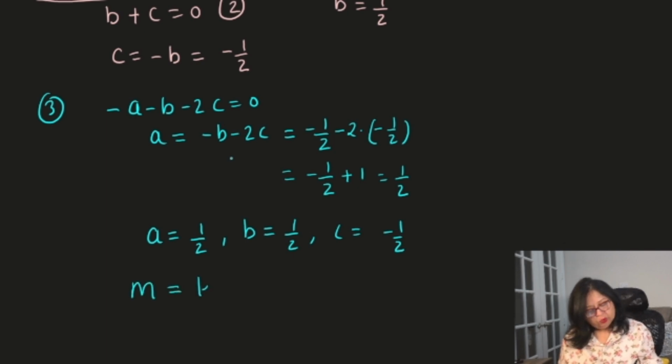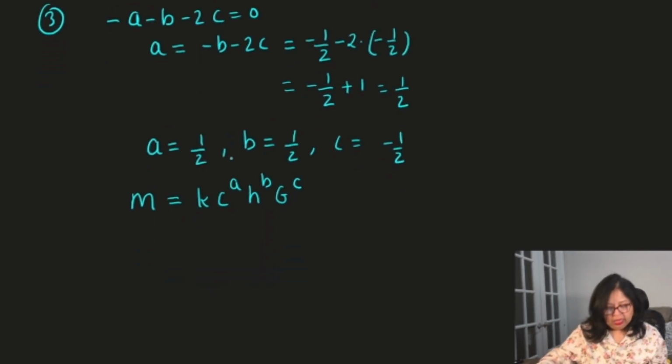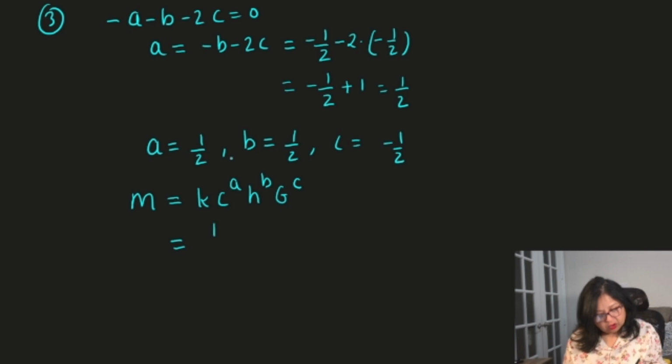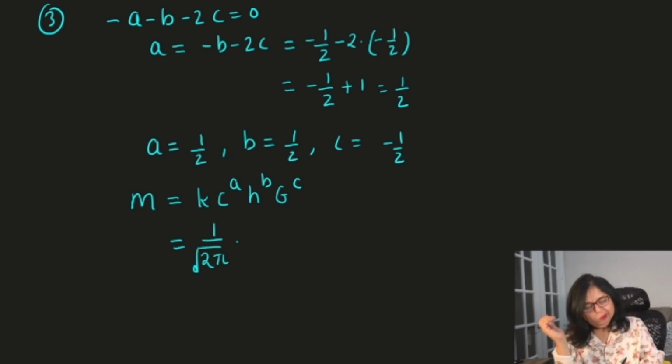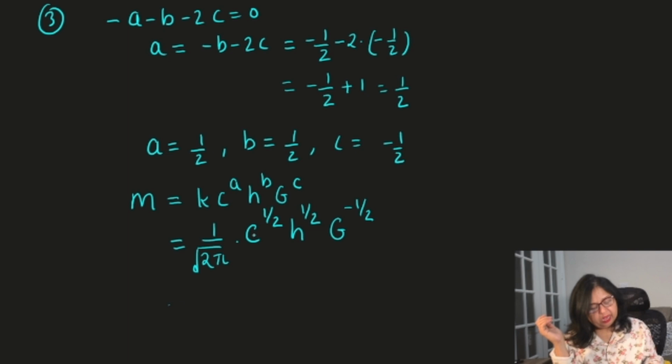m is equal to k times c to the power a, h to the power b, g to the power c. And it turns out that this k, the constant, is again 1 over 2 pi under the square root. c to the power a is 1 half, h to the power b, b is also 1 half, g to the power c, c is minus 1 half.